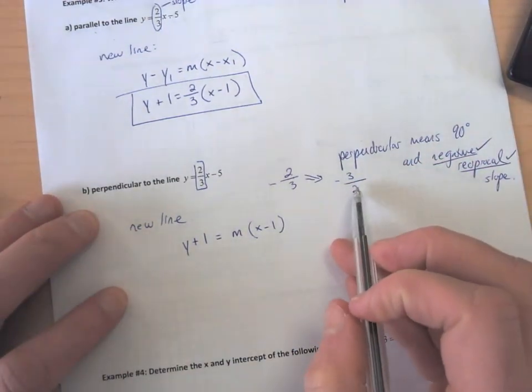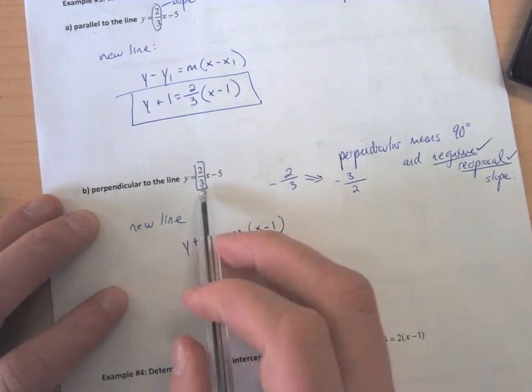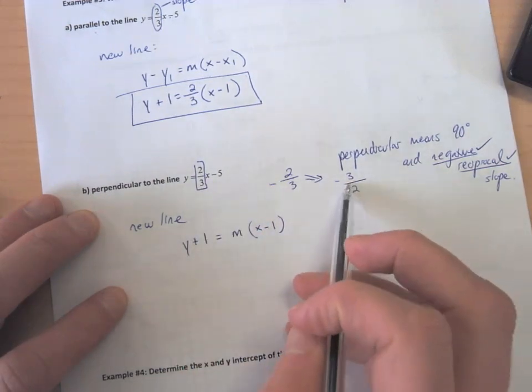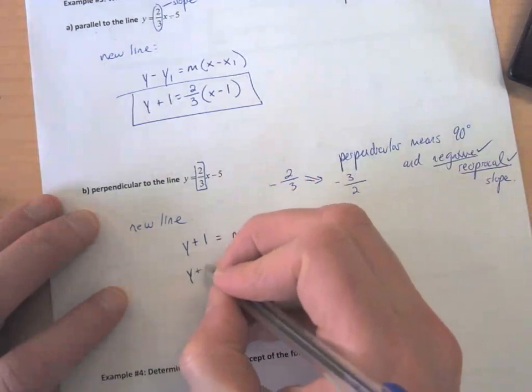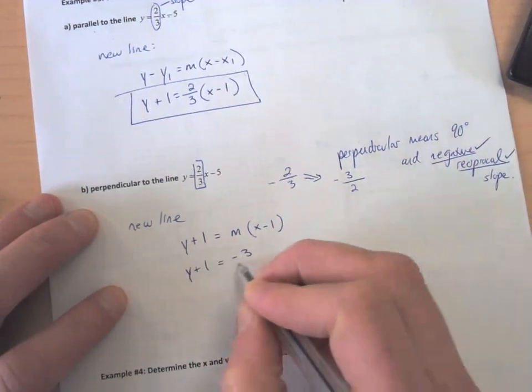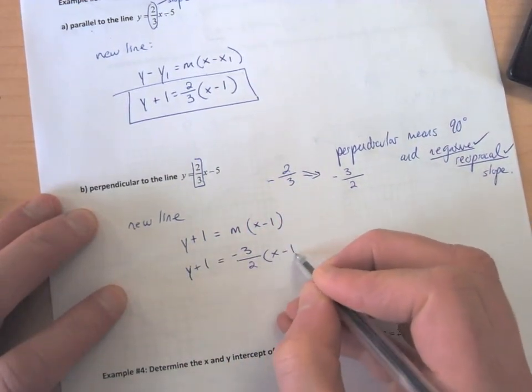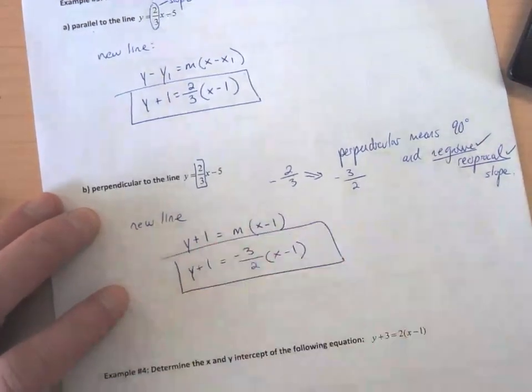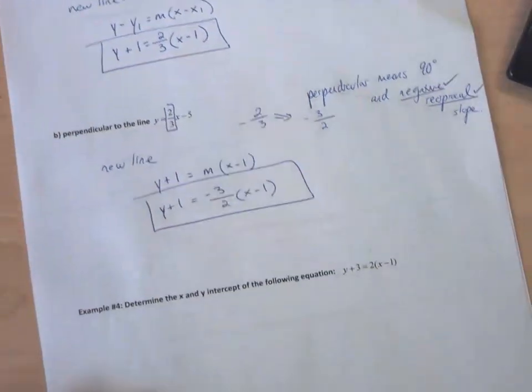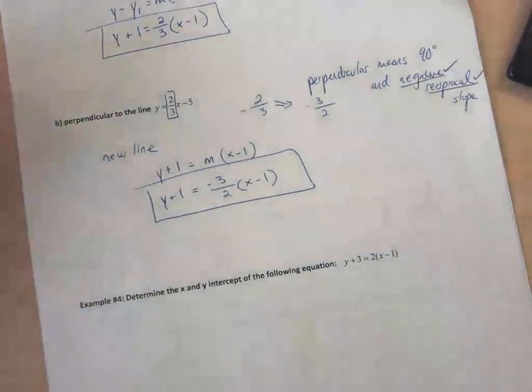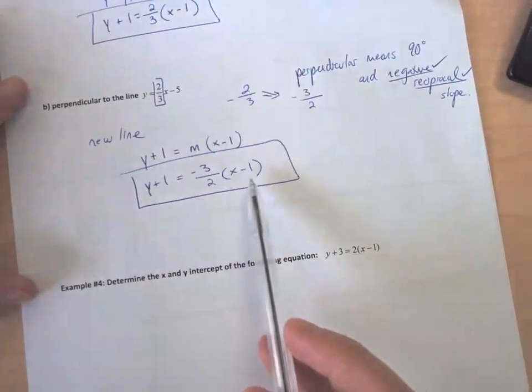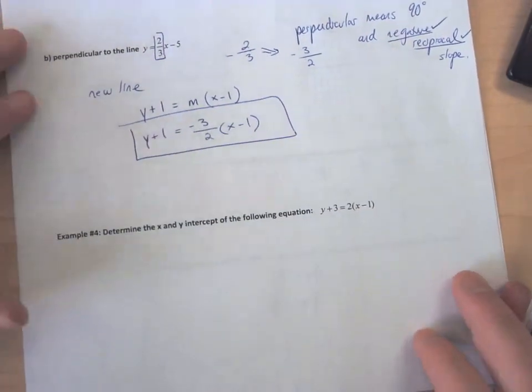So if it's perpendicular, our new slope is not 2/3, because that would be parallel. It's going to be negative 3/2. So we have y plus 1 equals negative 3/2 times (x minus 1). All right. So again, parallel, perpendicular, I probably won't test you on, but it's important for the future.